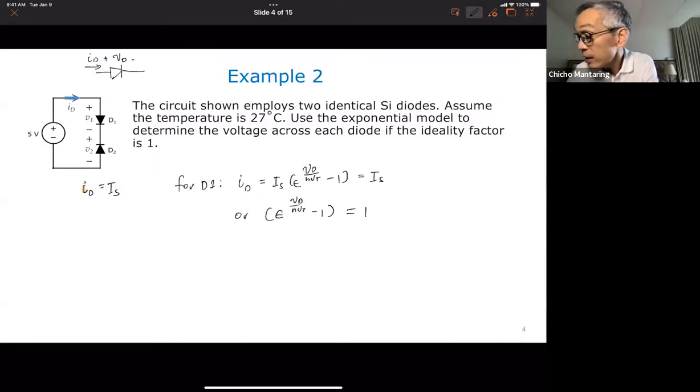Kasi magka-cancel out tong I_S na to. e to the V_D over N V_T will be equal to 2. Eta is equal to 1. V_T is equal to 0.026 volts. You can solve for V_D.